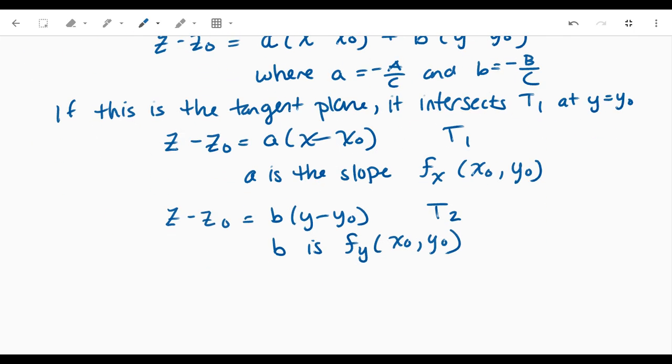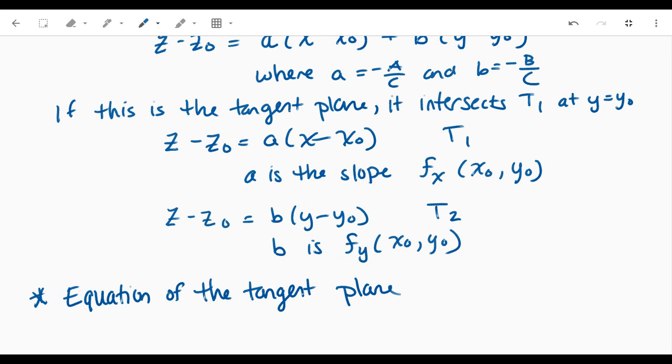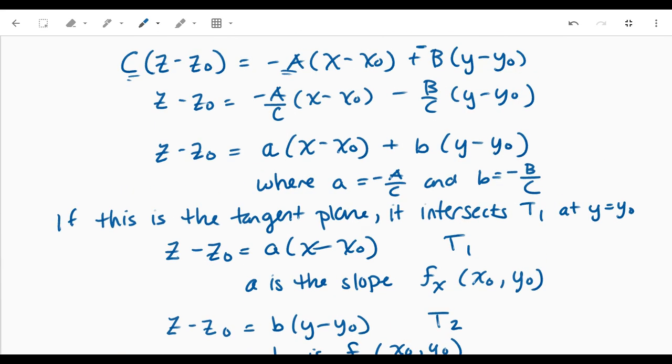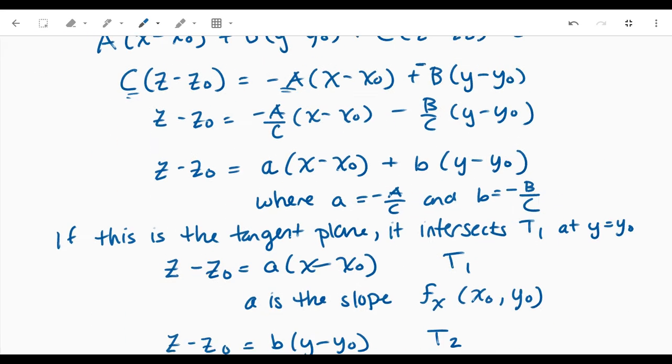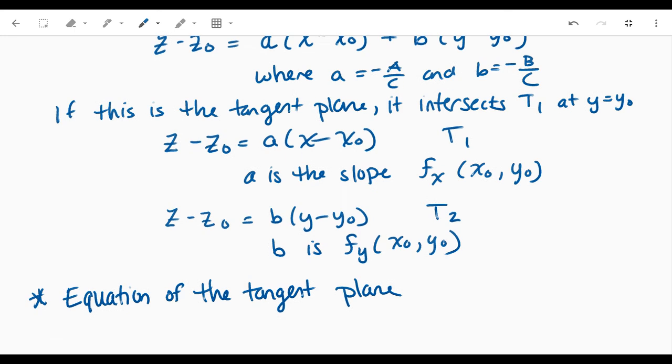Let's see. So what this all gets us, okay, is your big important equation of the tangent plane. Okay, so, definitely kind of look back here and think about these things and make sure they're kind of making sense in your brain.